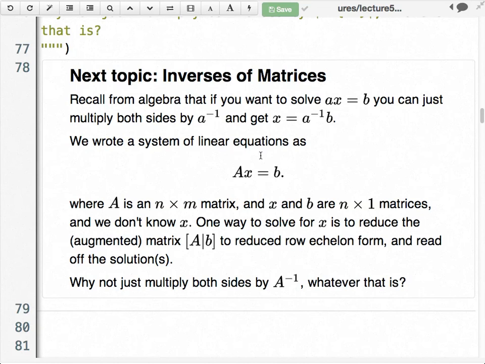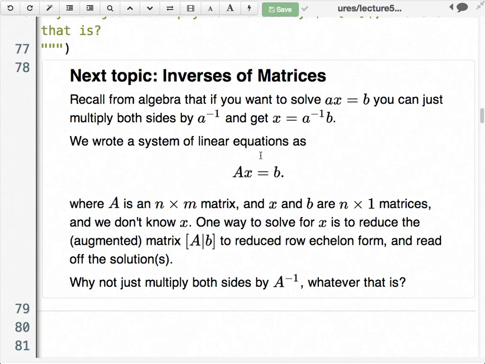Remember how matrix multiplication works. If you take this matrix and apply it to the first column, that gives you the first column. If you apply it to the second column, that gives you the second column. In other words, this times that gives you that entry, and similarly, the first row times the second column gives you that entry, and then the second row times the second column gives you that entry.